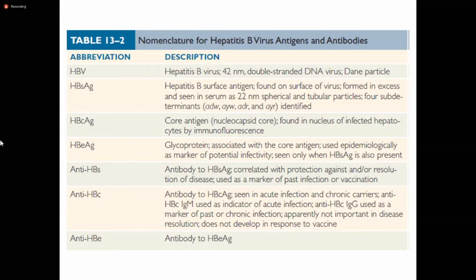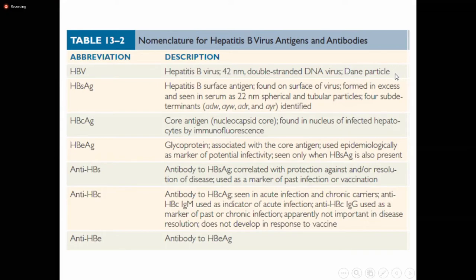You will use the information present in this table in the future in your clinical work. Now, the hepatitis B virus particle, as we said, is a double-stranded DNA virus. It is called the Dane particle.